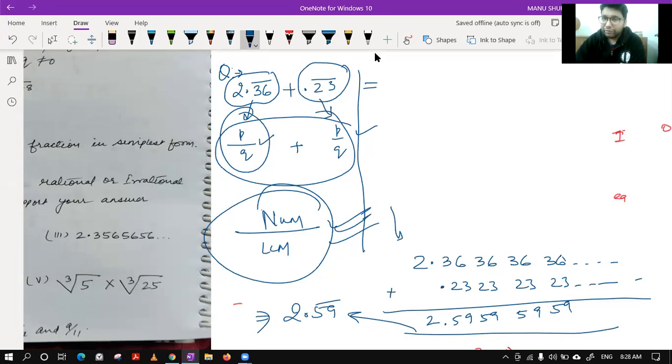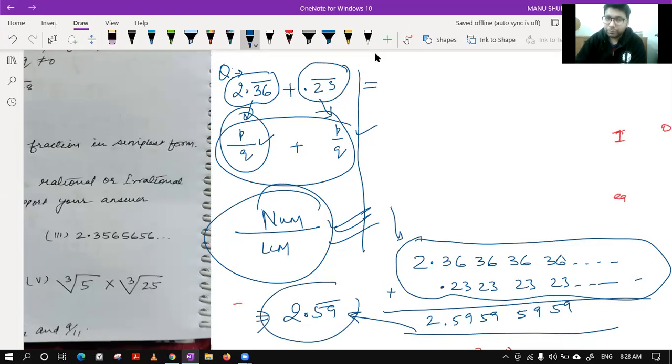So if you want to go this way, have an idea by expanding the number and actually seeing that everything is fine, then you can go for this way. Is this clear to you, Moksha? If you want to add them directly and then convert in the form p by q, the better way is to write the number in expanded way and then add them.